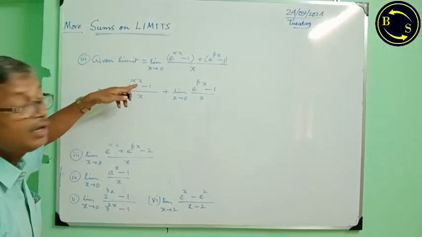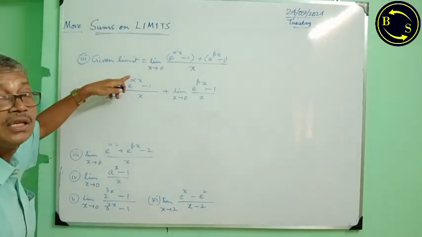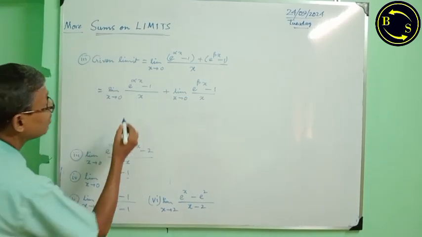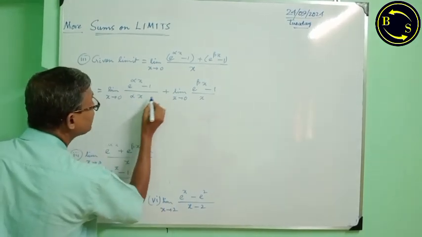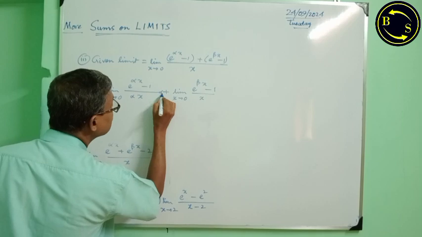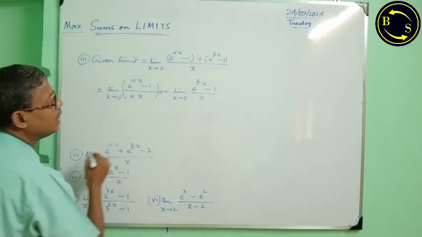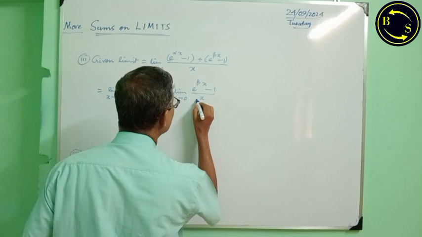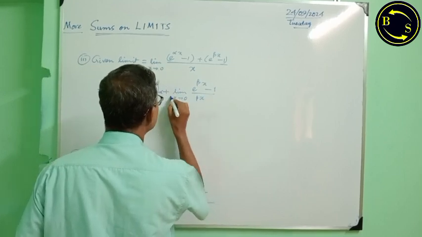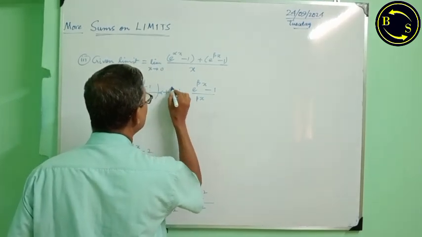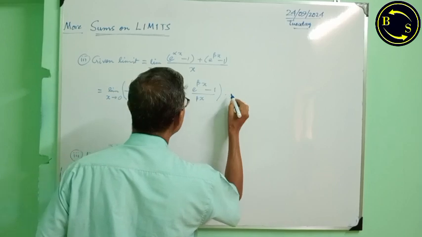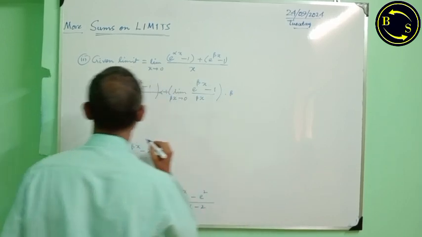Now e to the power alpha x, I write here alpha x into multiply it by whole by alpha, like this, and this is beta x, this is beta x, multiply whole by beta.